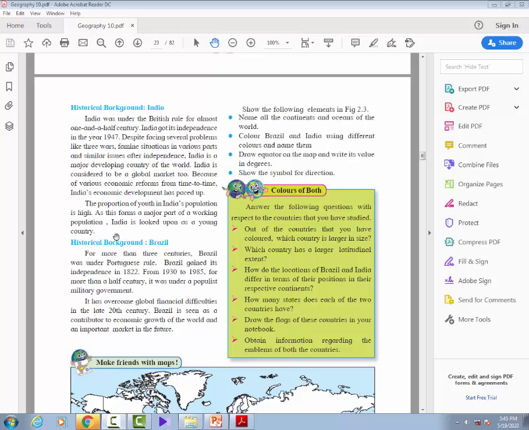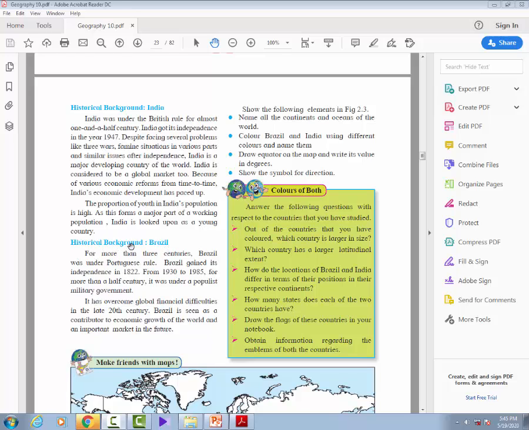Young country means the maximum people in India are young. Half of the population of India is youth. That is why India is called a young country.